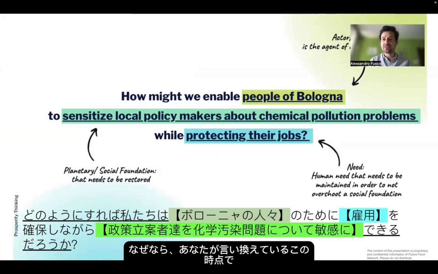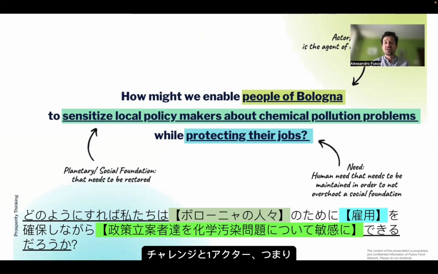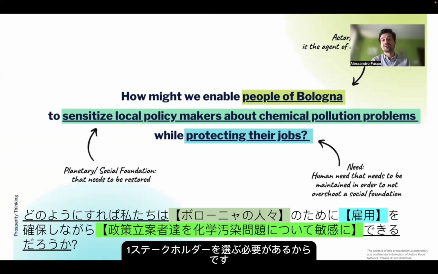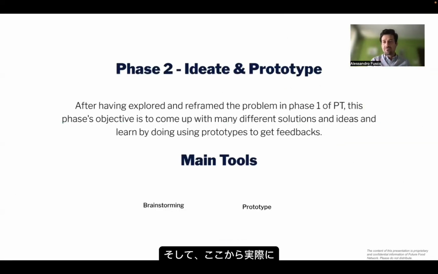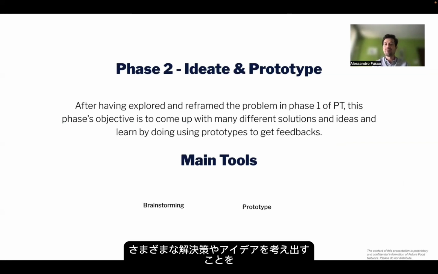Because at this point, when you are rephrasing the challenge, you have to choose one actor, one stakeholder. Then we can really start to come up with different solutions and ideas.